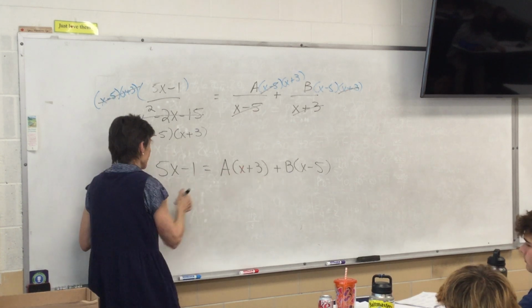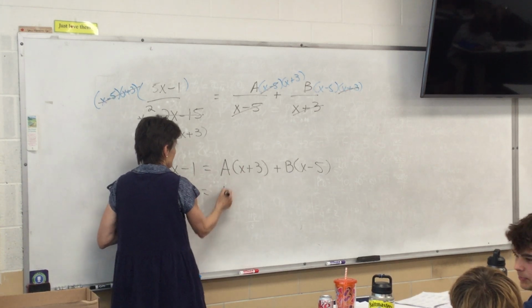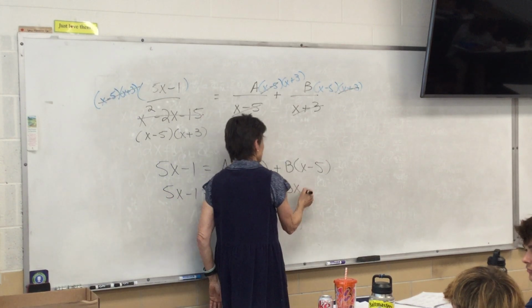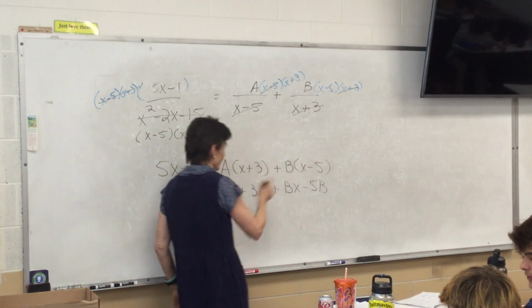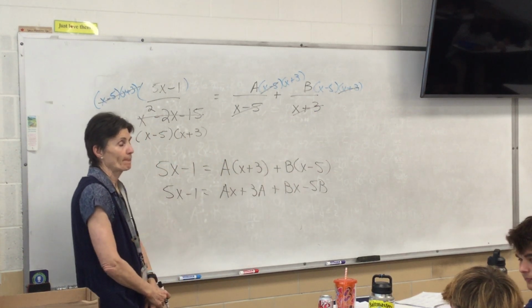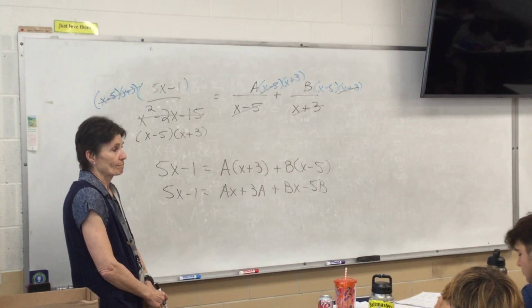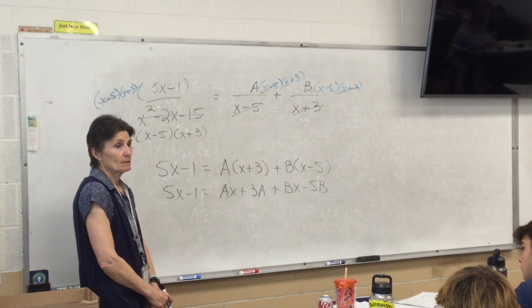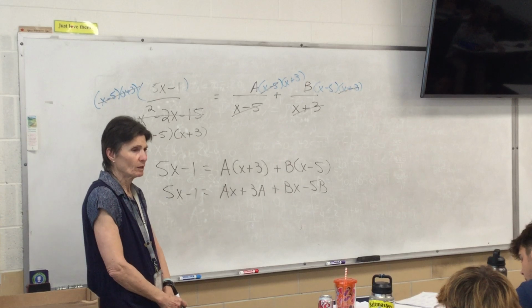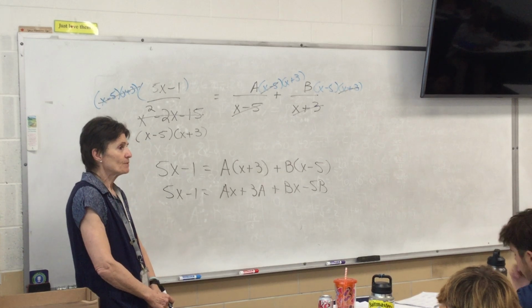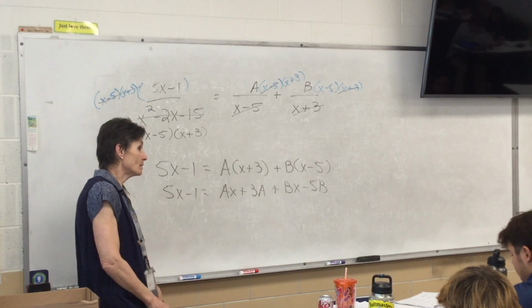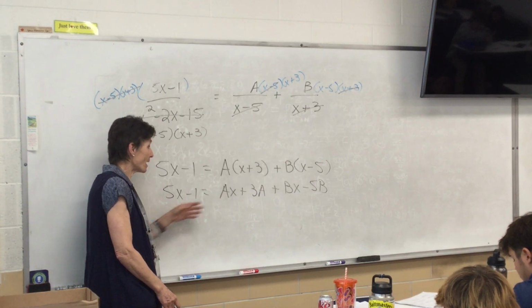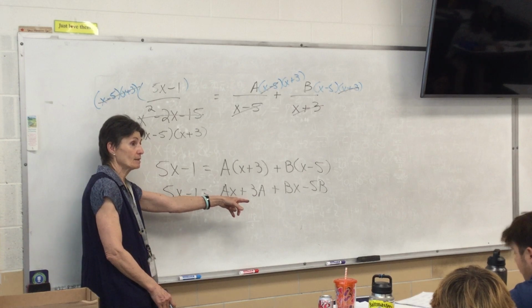Alright, so I'm gonna go ahead and distribute that. So ax plus 3a plus bx minus 5b. I'm just doing the regular distributive property. Now the next step, if it's not obvious to you already, it will be once we talk about it. This is an equation. So the x's on this side have to match the x's on that side.